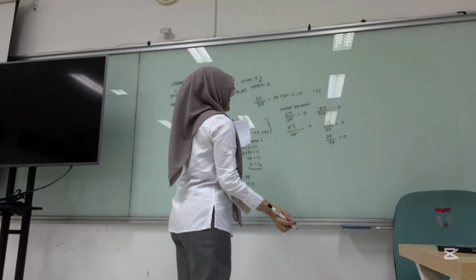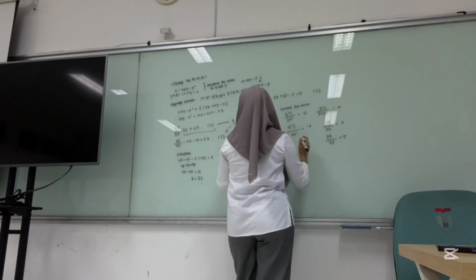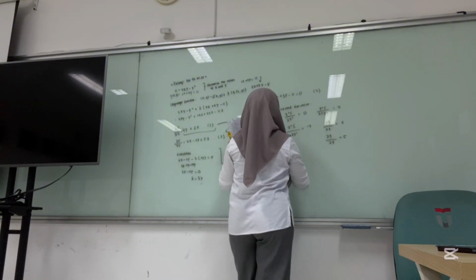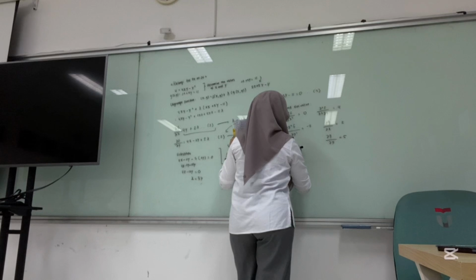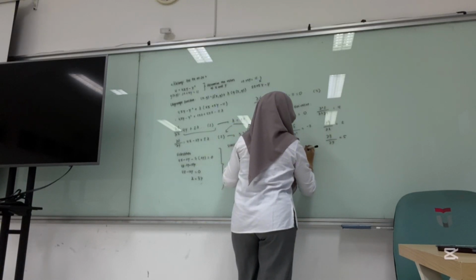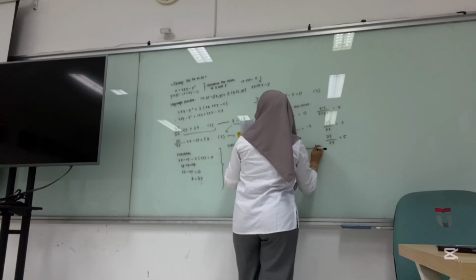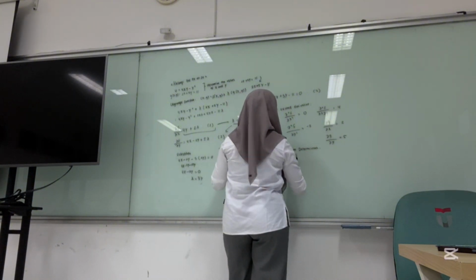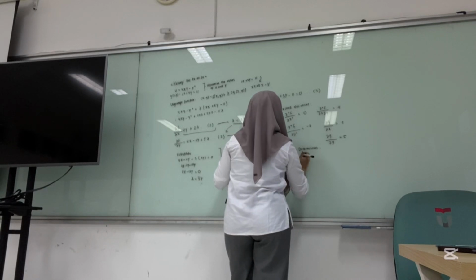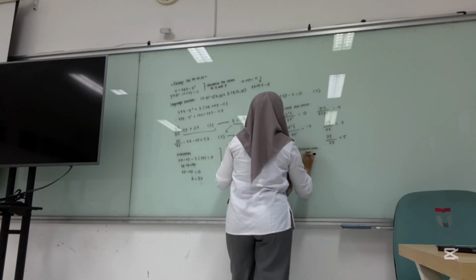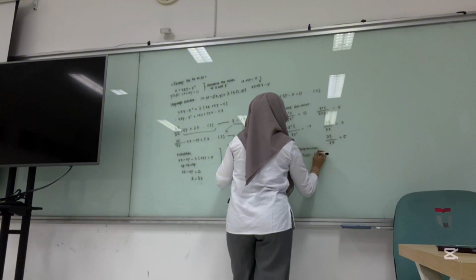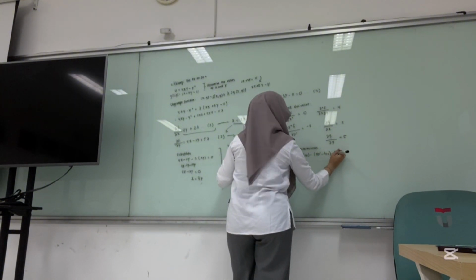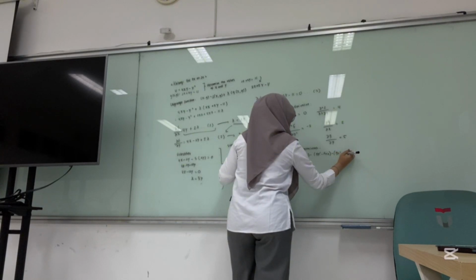And after that, we have to find the Hessian determinant. The equation for the Hessian is 2 g_x g_y f_xy minus g_y squared f_xx minus g_x squared f_yy.